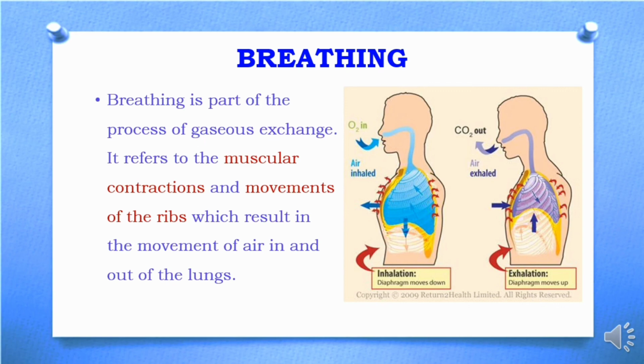And you can see in the second diagram, the purple area is the same area which is shaded blue in the first diagram, and this is smaller in size. And this decrease in size is possible again because of some muscular contractions and the movements of the ribs, which help in exhaling or taking the carbon dioxide from the lungs or out of the body. We are going to discuss the mechanism of breathing in detail in next slides.